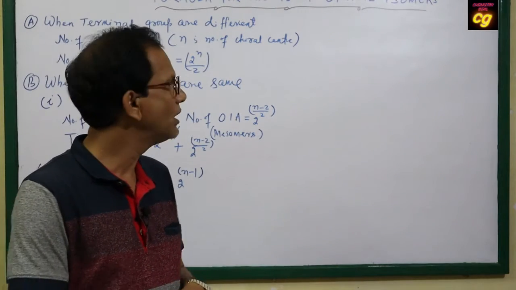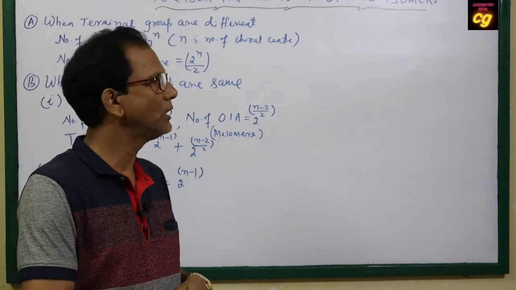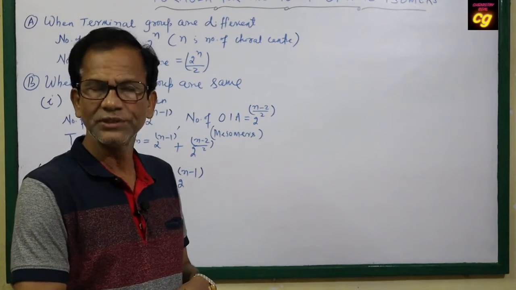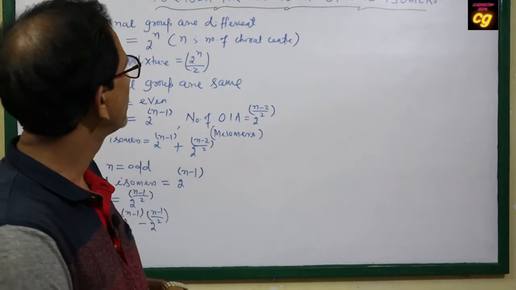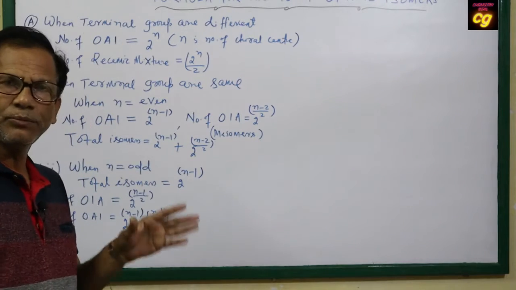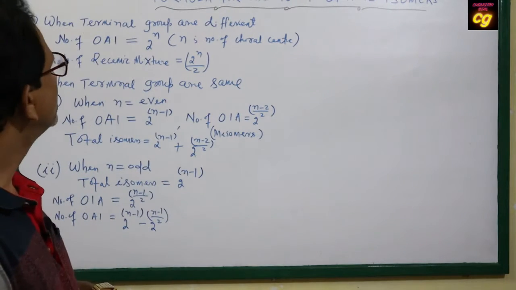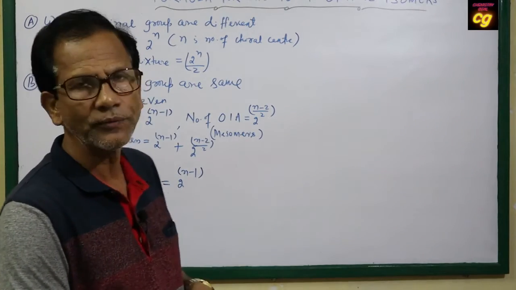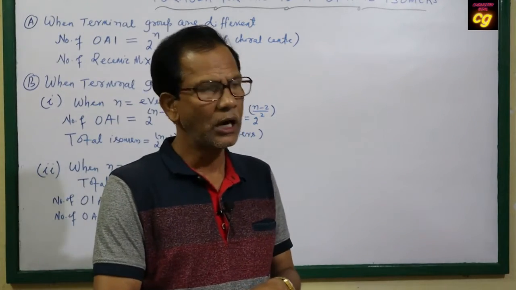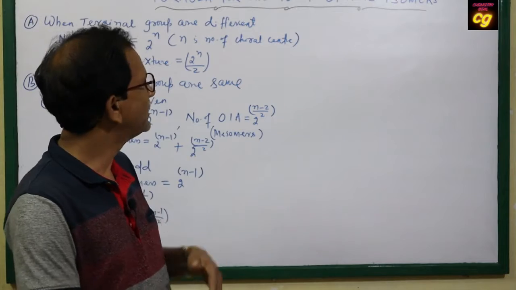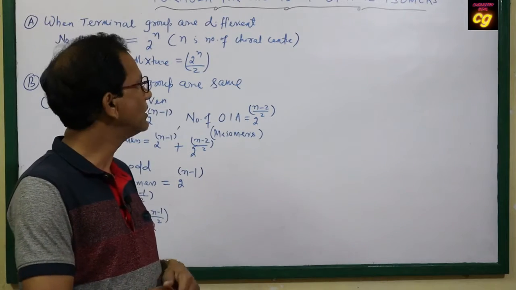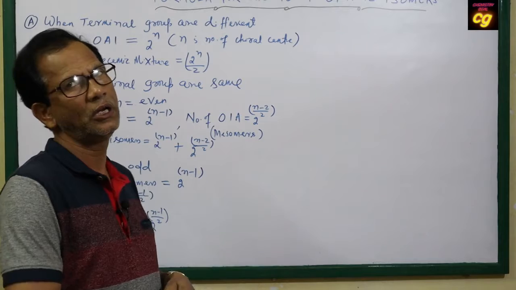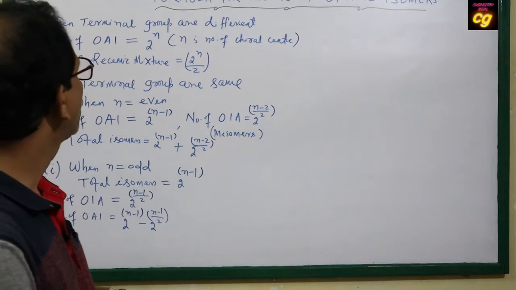You can refer to these videos in the playlist of our channel, Chemistry Go. So today mainly we will discuss the different formulas to know the number of optical isomers, how many optically active isomers, how many mesomers, that is optically inactive isomers.